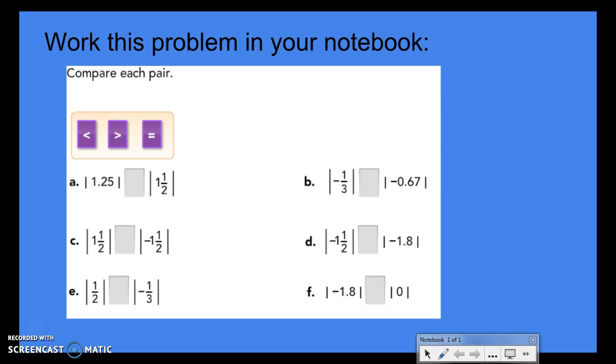We're comparing the absolute value of 1 and 25/100ths to the absolute value of 1 1/2. Well, again, whenever I'm comparing decimals and fractions, I like to turn that fraction into a decimal. It would still be the same amount, it's just written in a different form. So we know that 1 is going to stay the same. Okay?